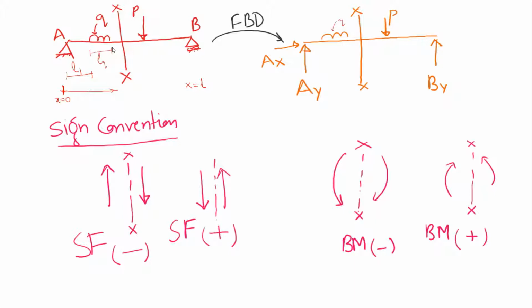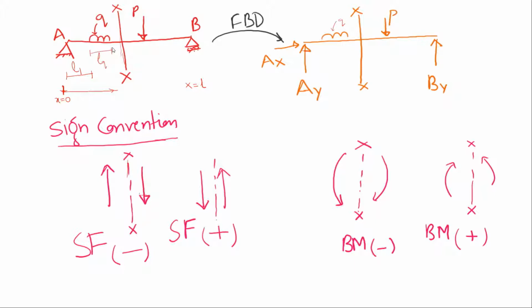Now the sign convention for the shear force. It is a section, meaning we are cutting the beam and looking at the shear forces here. At any section we must have a sign convention: if the load is acting downward on the right side of the section and upward on the left side, then the shear force is negative.